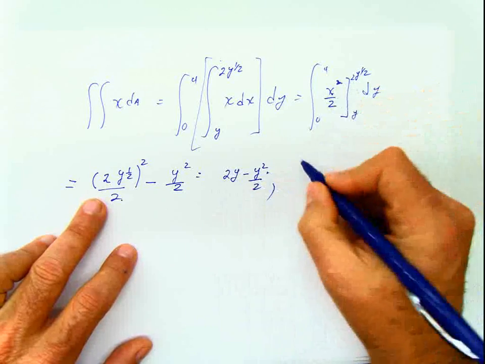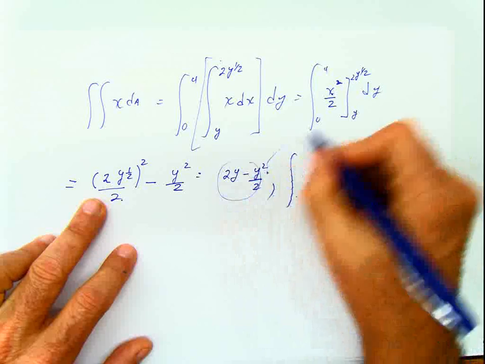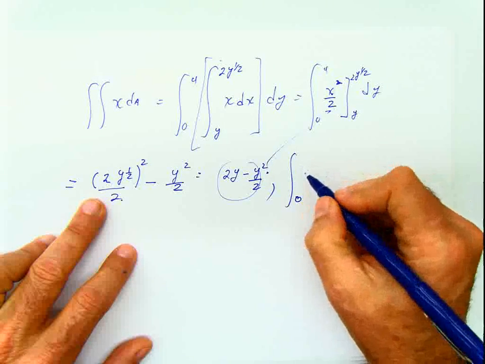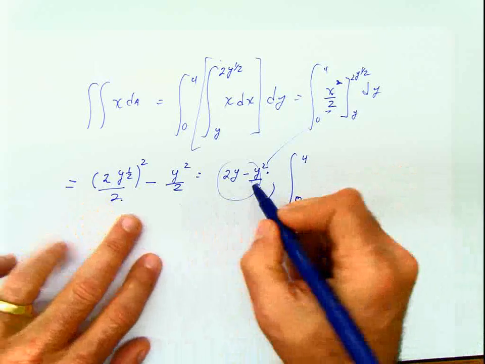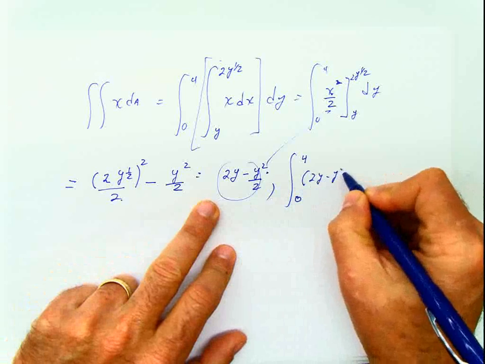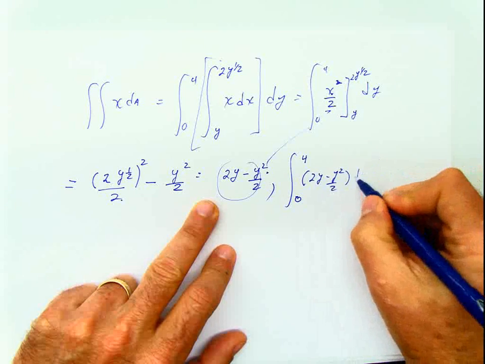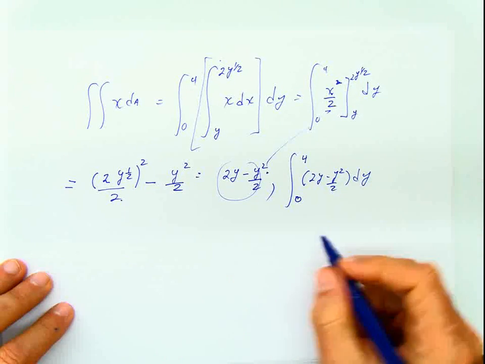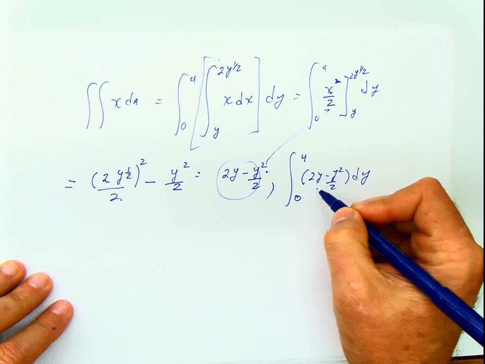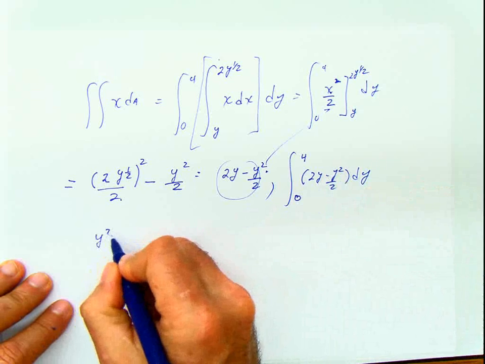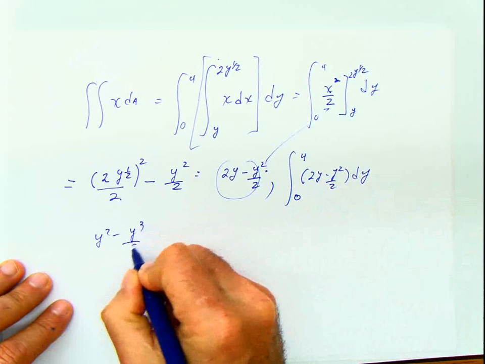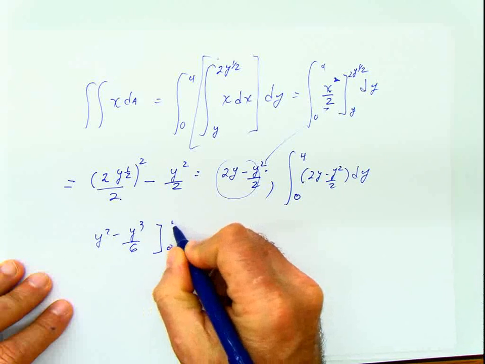So going back to the integral and plugging this there, this is going to be the integral from 0 to 4 of this dy, which is 2y squared divided by 2, basically y squared, minus y to the third divided by 6, between 0 and 4.